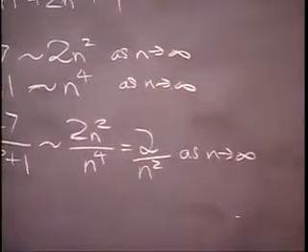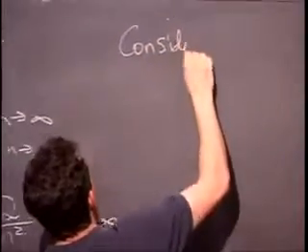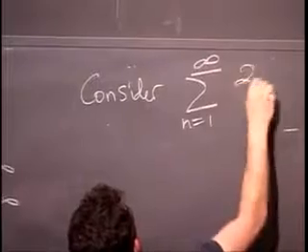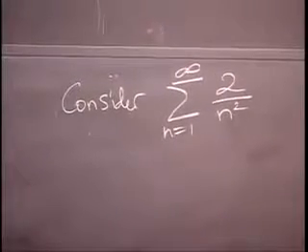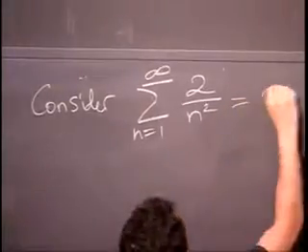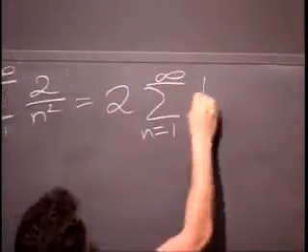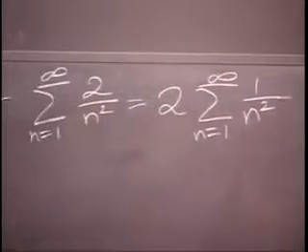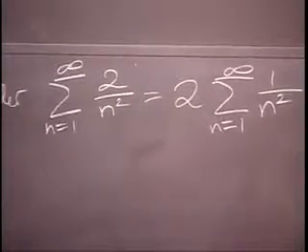Okay, so consider this new series, the sum from n equals 1 to infinity of 2 over n squared. Well, the 2 is not very important. That's just a constant. Constants come out of series just as they do integrals. And you get 2 times the sum of 1 over n squared. Well, does that converge or diverge? Converges by the p-test for series.